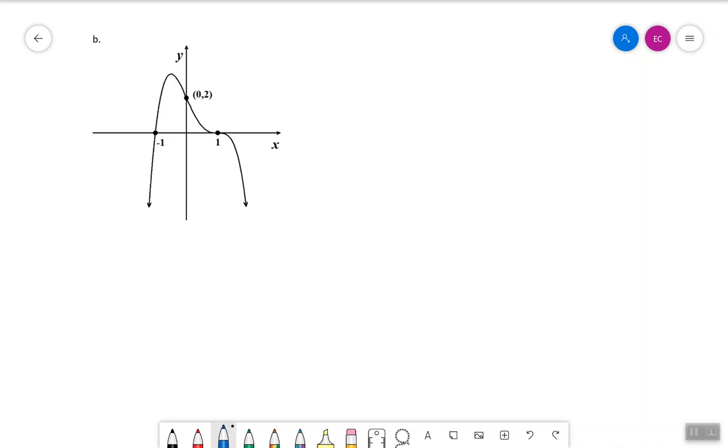So this one looks pretty similar. It's the same idea. Let's call the function f of x. And let's go ahead and start with the stretch factor a to account for the point at (0, 2). And then let's have a factor of x plus 1 to account for the 0 at -1.